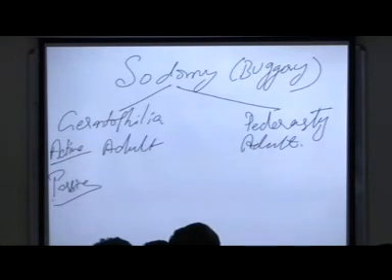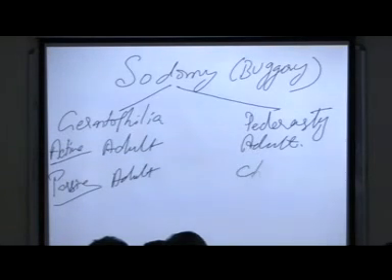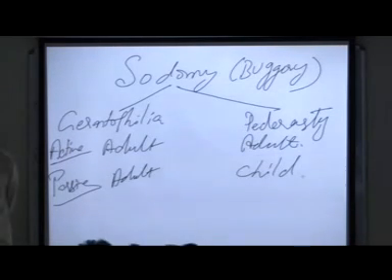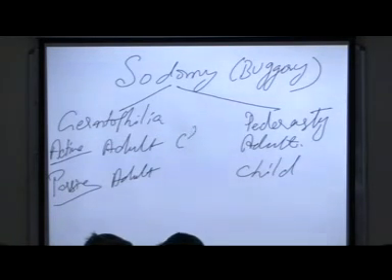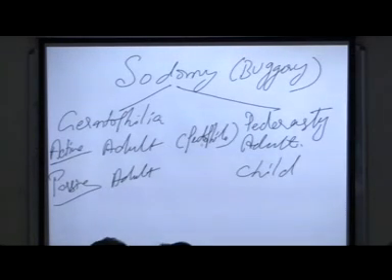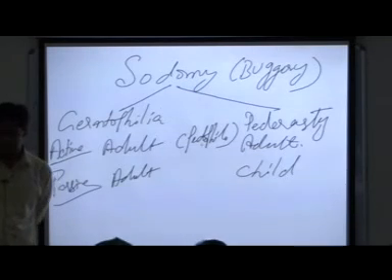The passive agent is an adult in gerontophilia and a child in pederasty. The active agent, the adult in pederasty, is called a pedophile.